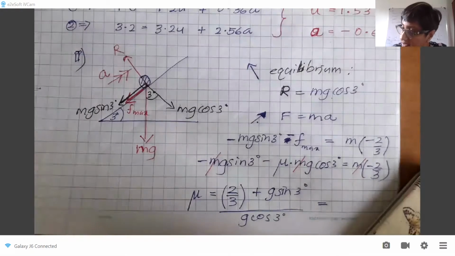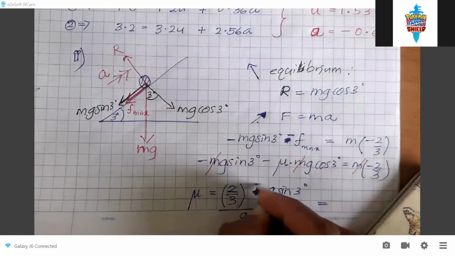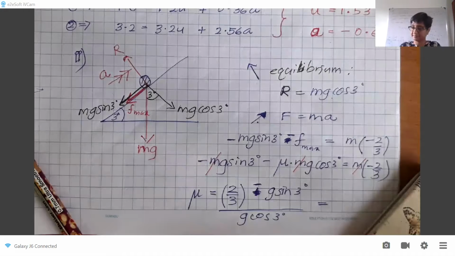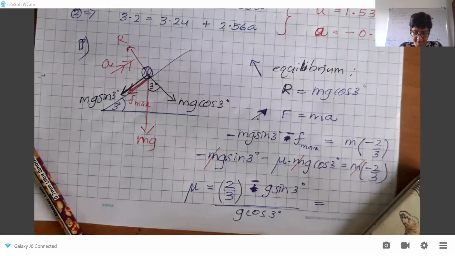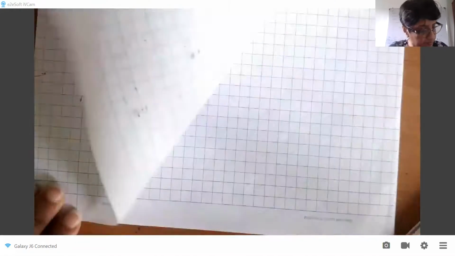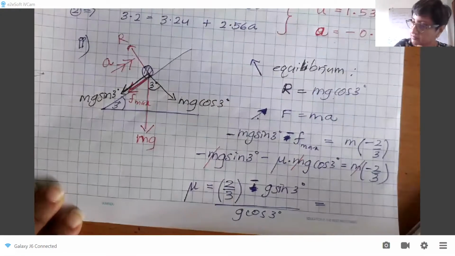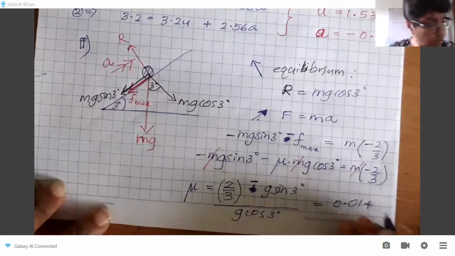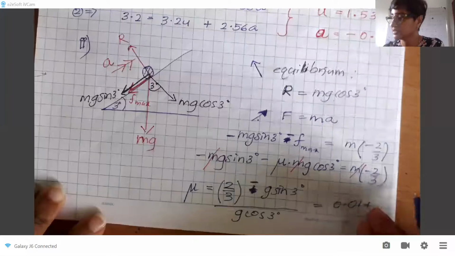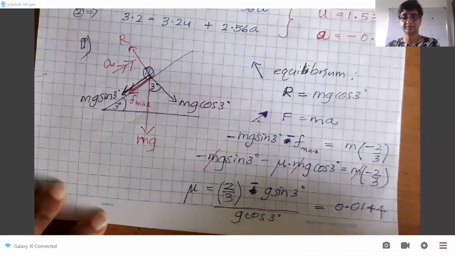Oh, this is minus. This is minus. 0.0144. Yeah. 0.01435. So it's 0.0144 if you approximate it.